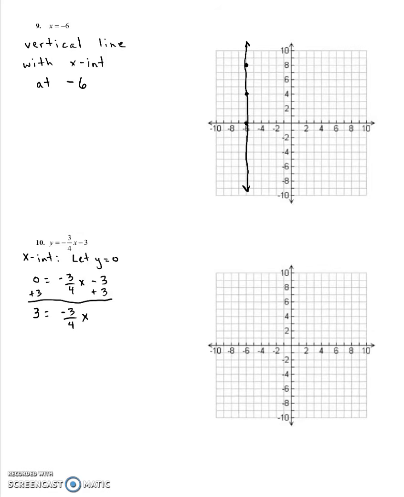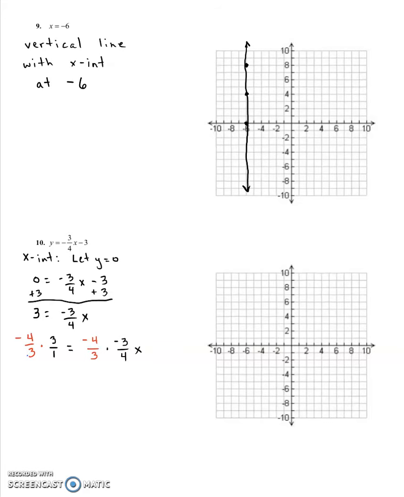So we're going to do negative 4/3 times 3 on the left-hand side, and that's a 3 over a 1, remember? And that equals, we have to multiply by a negative 4/3 on the right side times negative 3/4 x. And so everything cancels out.